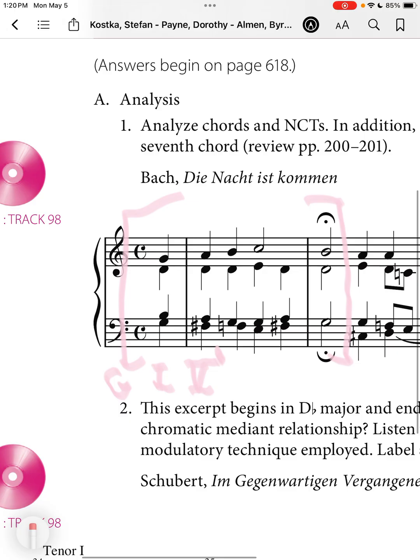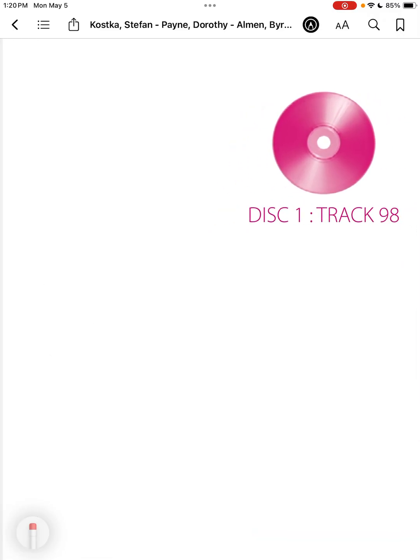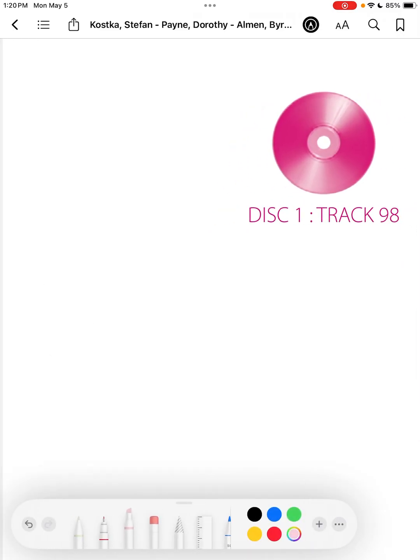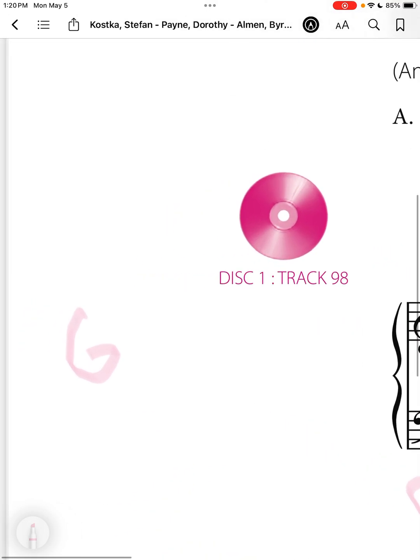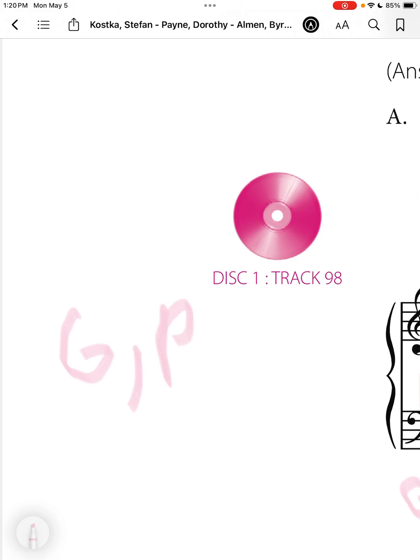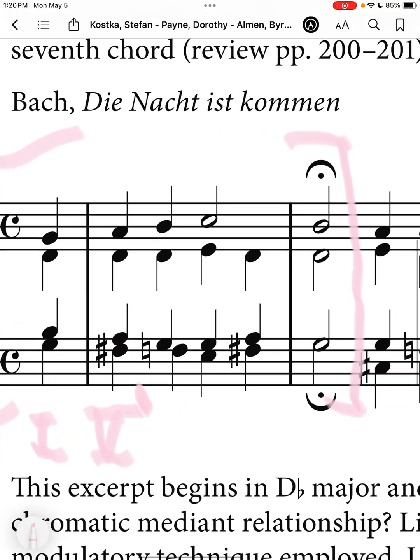So from this point on, it's G, B, D, and F natural. I think we modulated somewhere. I think we did do a shift. But I'm going to look at the next chords to figure it out. Okay, I see what this is now.